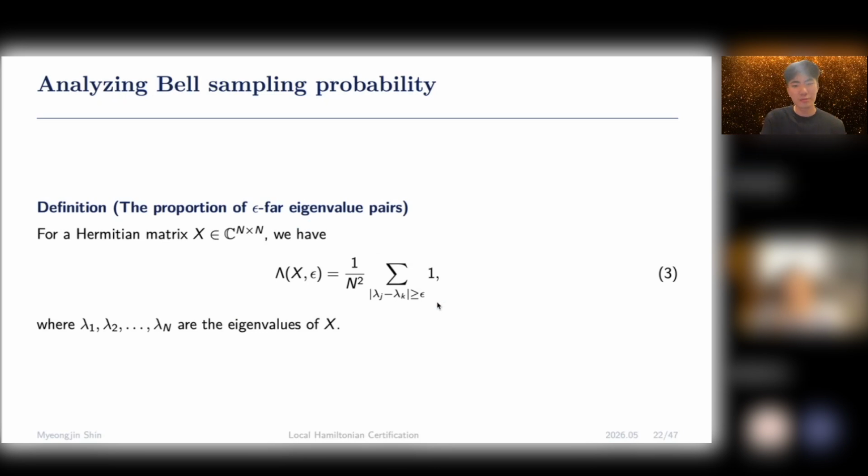So we are going to redefine this quantity, the proportion of epsilon for eigenvalue pairs. For a Hermitian matrix X, we define this lambda quantity, which is the proportion of the epsilon for eigenvalue pairs. Now you will get the intuition why this is important. We just have to prove that this quantity is bigger than some constant.